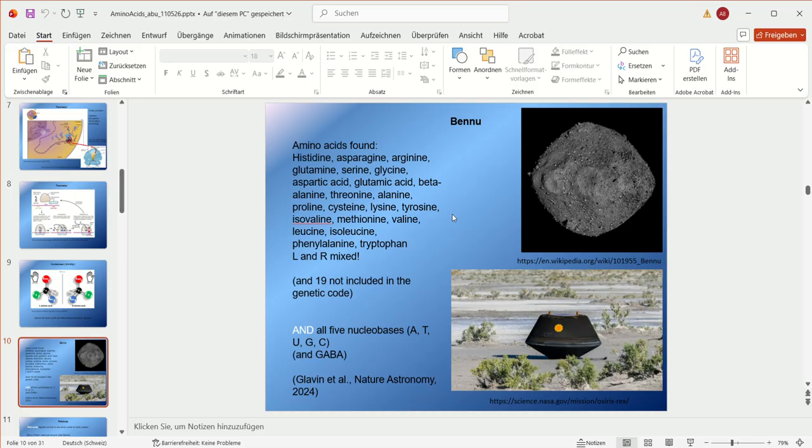There are only a couple of bodies where material has been taken and brought back to the Earth. And one of the most important missions is to look for organics on bodies in the solar system.